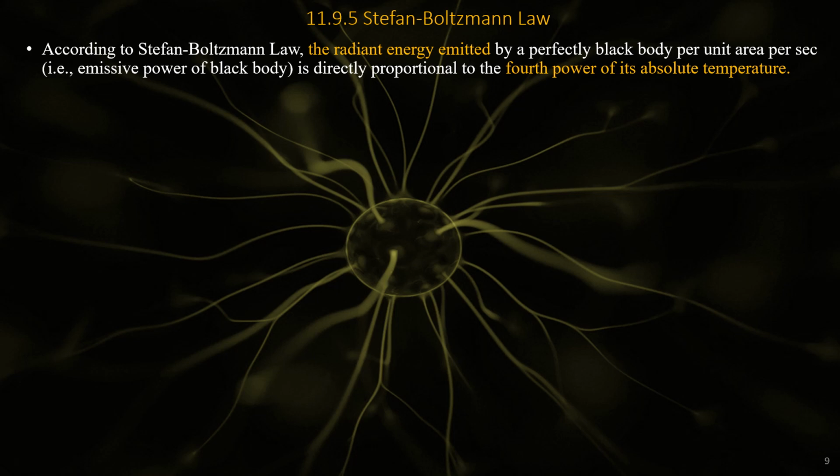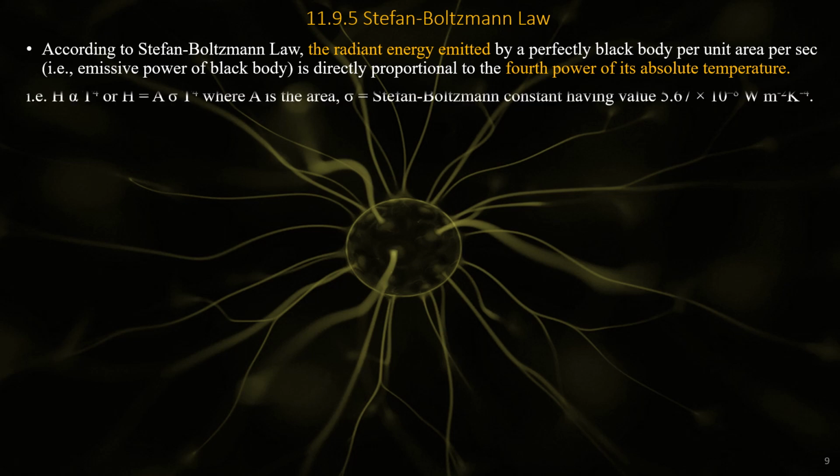If we represent radiant energy as capital H and absolute temperature as capital T, then according to this law, H is directly proportional to T to the power of 4. It is also proportional to the area of the body and its surrounding. Hence, the proportionality sign can be eliminated by writing this equation as H equals A into sigma into T to the power of 4.